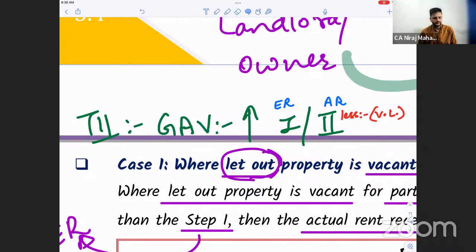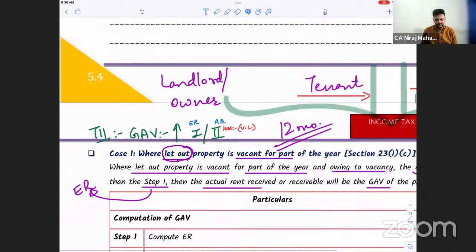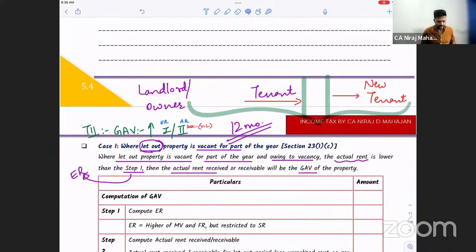Now the law is saying that if because of vacancy loss, again I'm repeating, step number 2 is lower than step number 1, still we will take step number 2 as your GAV. Okay, everybody?